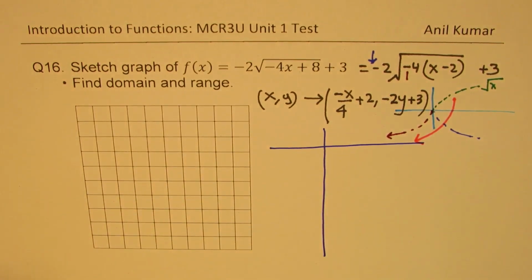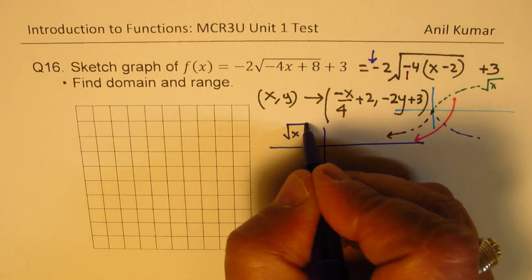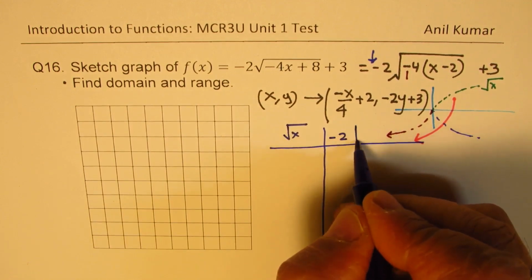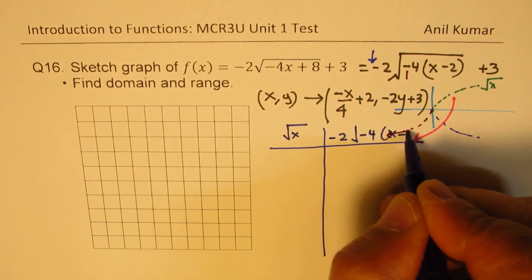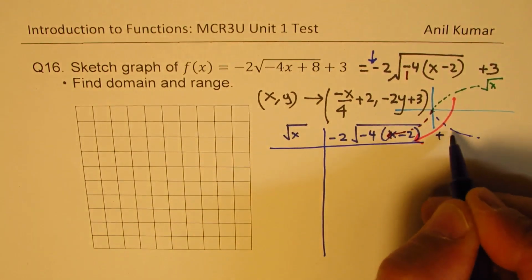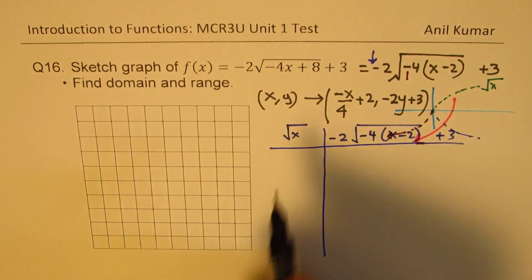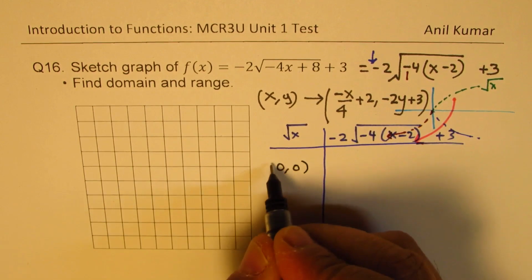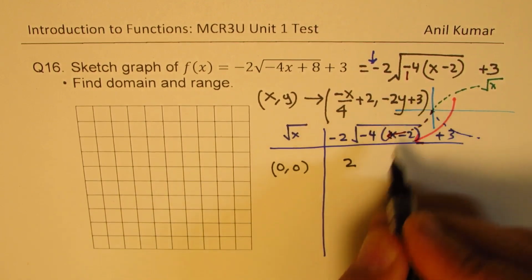So on the original function, which is, let us say, square root of x, and here we have this transformed function, which is -2. I'll write it in this form, -4 x minus 2 plus 3. Okay, so we'll calculate some values. So let us take origin, because in this it is always from 0, 0. So if I put 0 here, we get 2, and there we get 3.